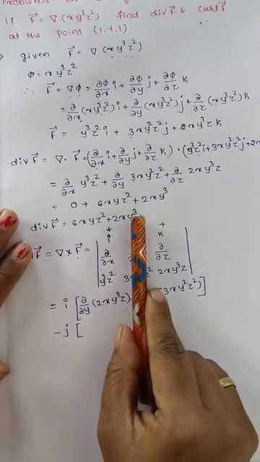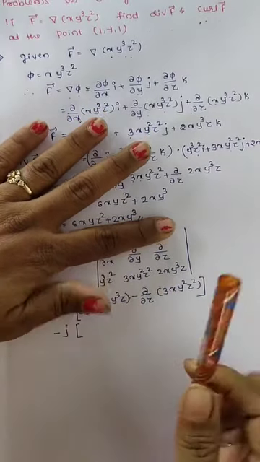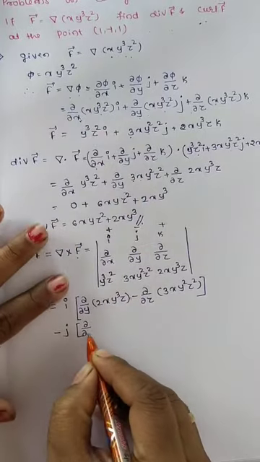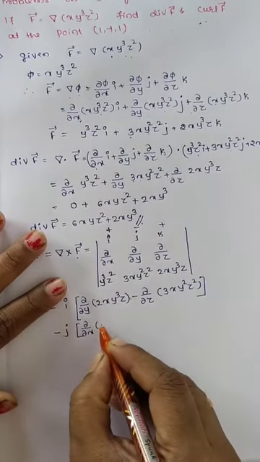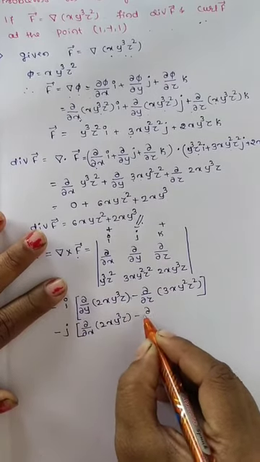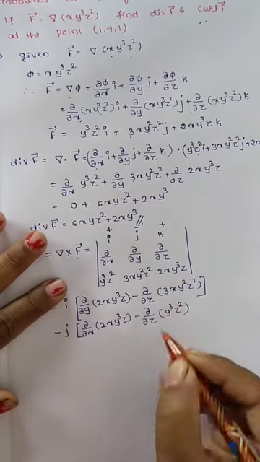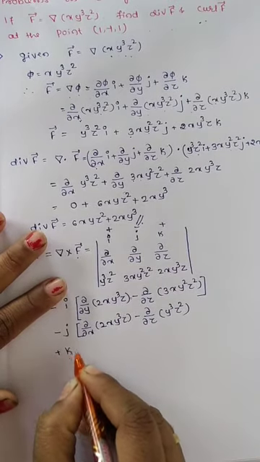Minus j means leave that second column and the first row, cross multiply the terms: ∂/∂x of 2xy³z minus ∂/∂z of y³z². Plus k.